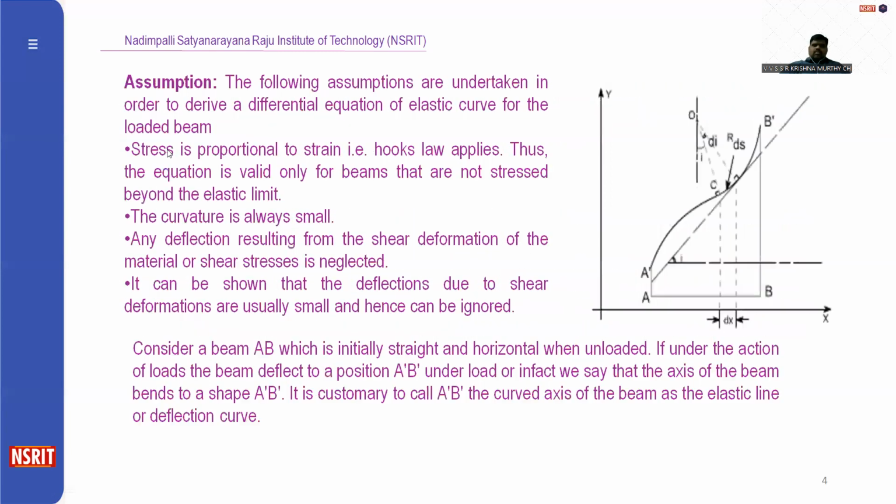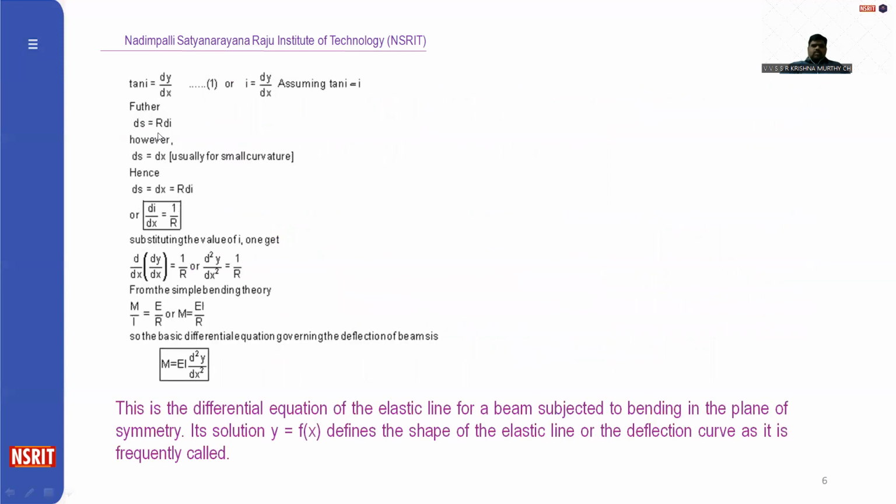From this curve, ds, the arc length, is radius into di. So ds is equal to dx, so ds is equal to R di. So di by dx is equal to 1 by R.